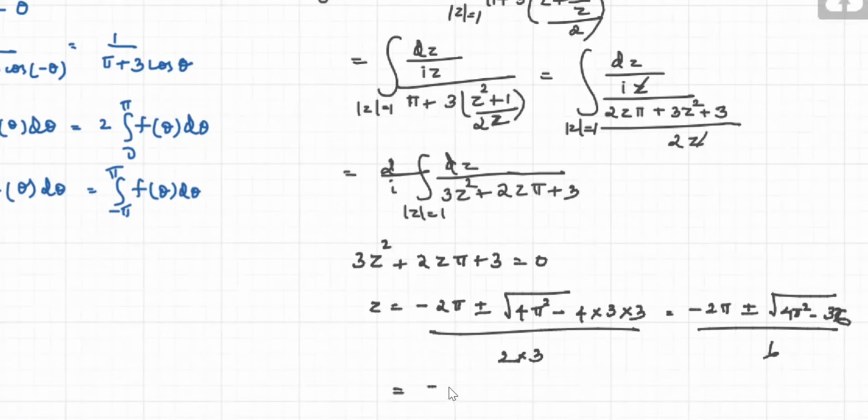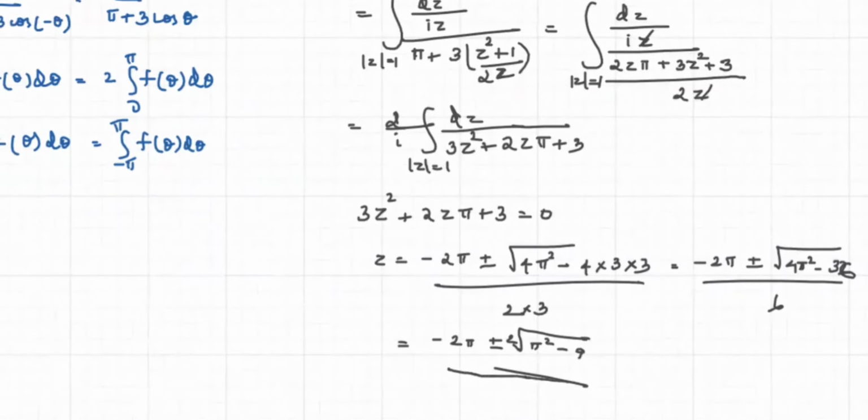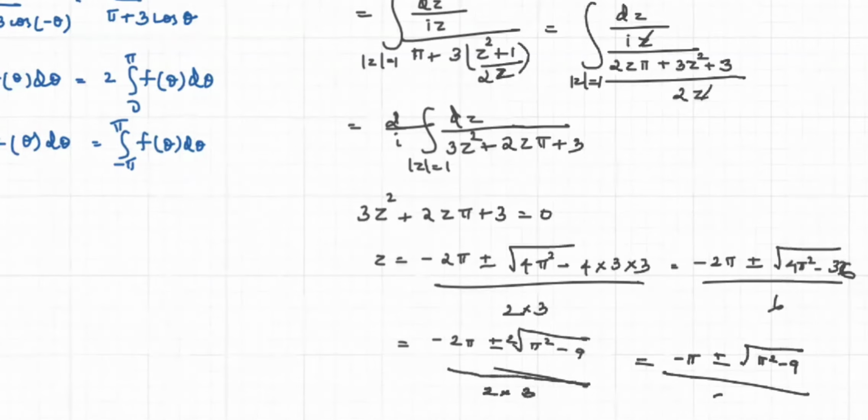So this is equal to minus 2 pi plus or minus root of 4 outside the root, you will get 2 pi square minus 9 by the whole divided by 2 into 3, and that is equal to minus pi plus or minus root of pi square minus 9 by 3.